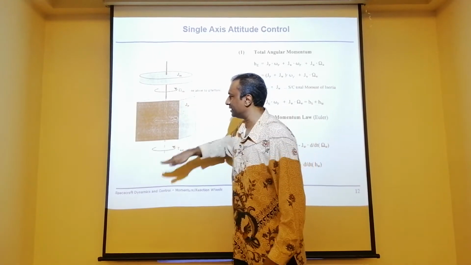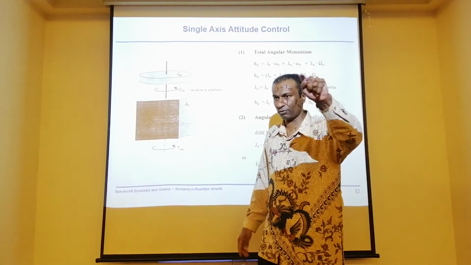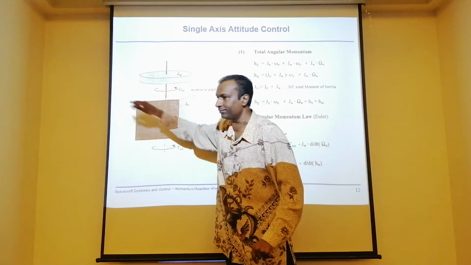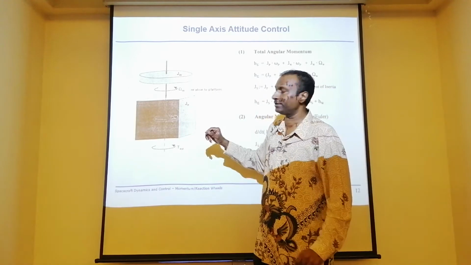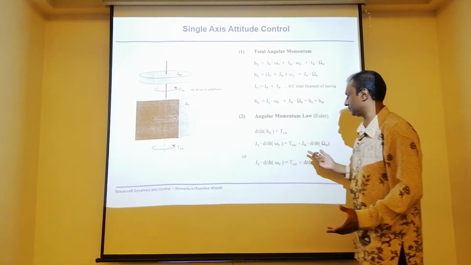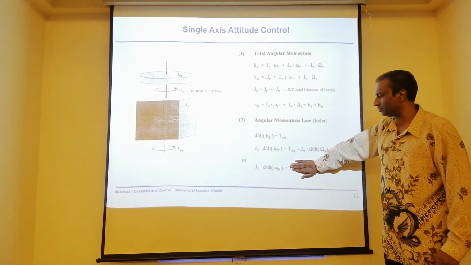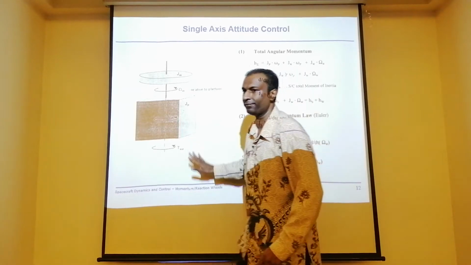Any external disturbance torque, the four disturbance torques that we talked about in chapter 4, disturbing this particular satellite, you want to nullify that, rotate this wheel faster. Then this whole term will be zero. My satellite will be safe.